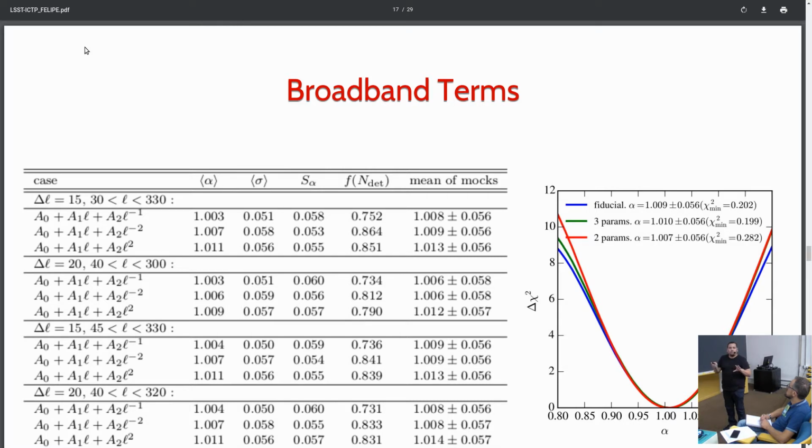Since we don't have full control over these nonlinear residual terms, we have to try a lot of different parametrizations in order to check we are not forgetting anything in our constraints. Again, we see that our results are very consistent. We don't have much problem, just some difference here, but this is very far from 1 sigma.